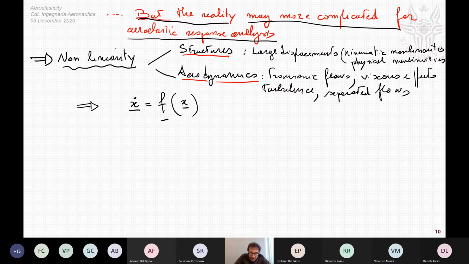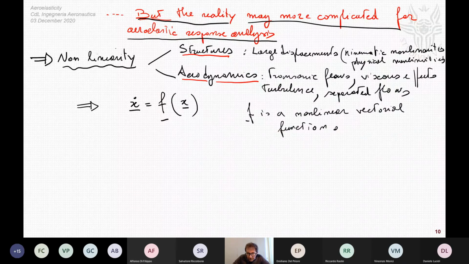Here f is a nonlinear vectorial function of the state space vector x.